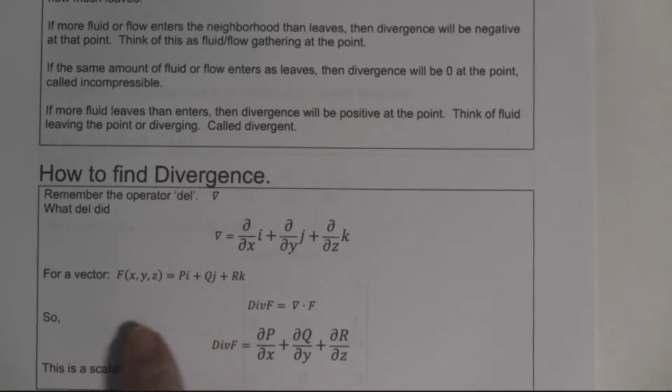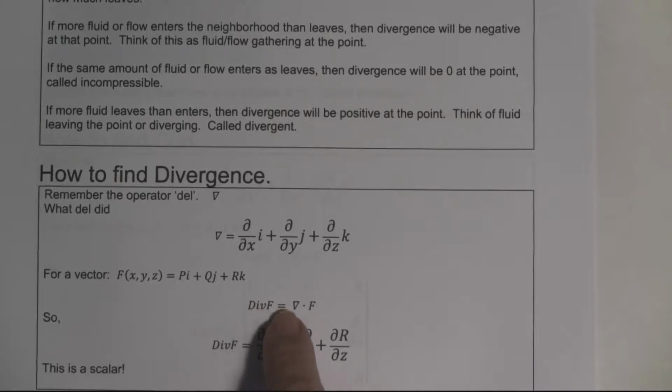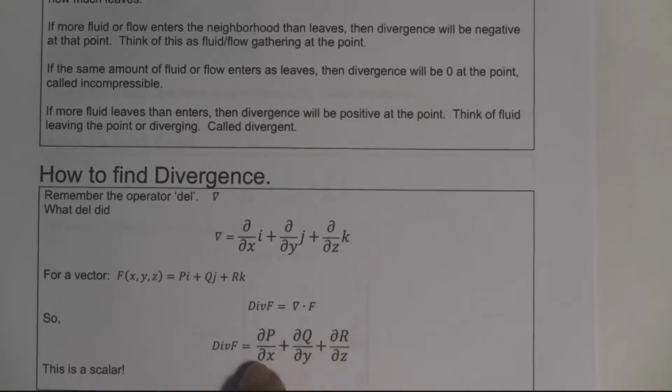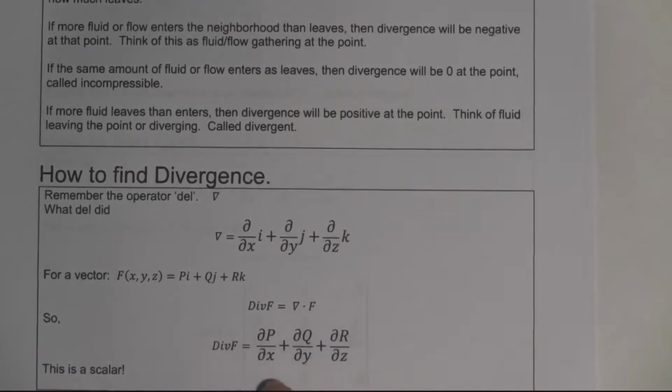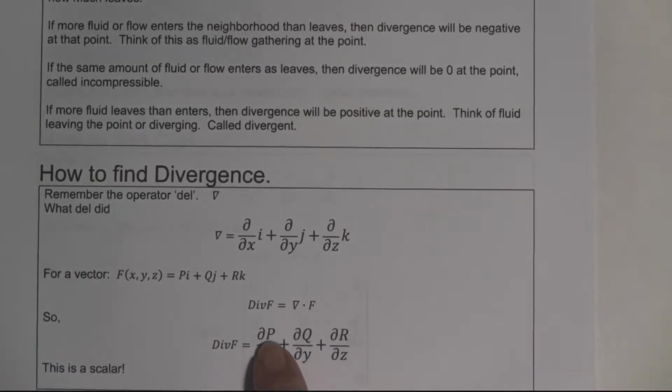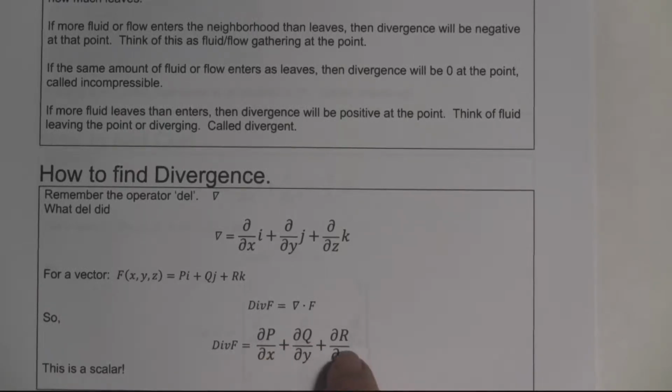The divergence of F is equal to del dotted with F. If you looked at that as being dotted, that would become the partial of P with respect to x plus the partial of Q with respect to y plus the partial of R with respect to z, and this is a scalar.